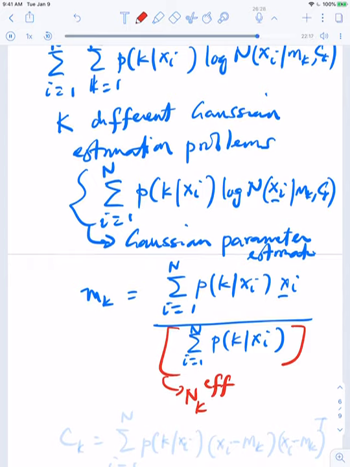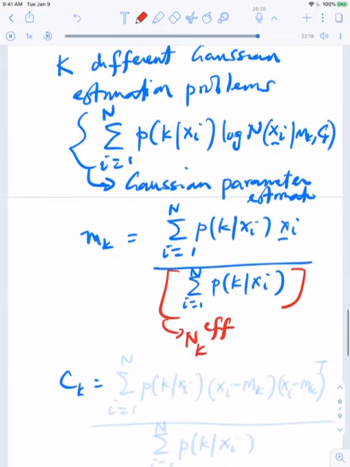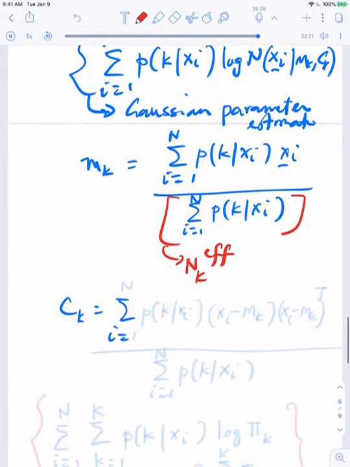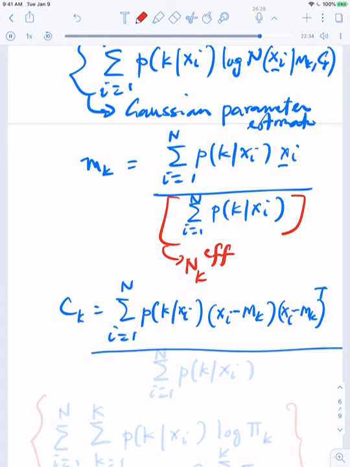And ck is exactly the same formula, except with the different weights now: xi minus the mean, xi minus the mean transpose, and again I divide by the same normalization factor, summation i equals 1 to n p of k given xi.